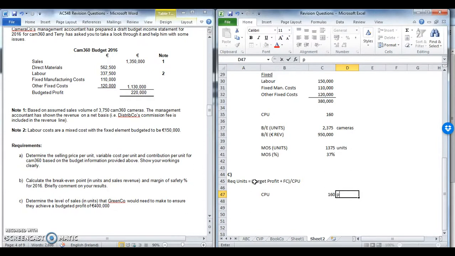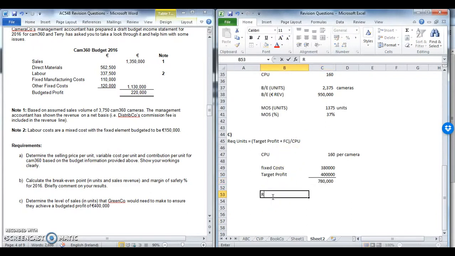So again, putting it in an alternative way, you're essentially asking, how many cameras do I need to sell, given that each camera generates €160, before I can cover both my fixed costs, i.e. 380,000, plus the target profit. So it has to cover both, because I want to make that profit as well. The target profit is 400,000. So that means the total of them added together is 780,000.